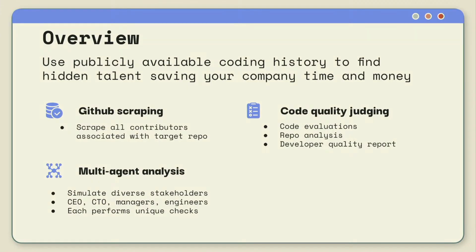So here's how it works. Step 1, we scrape their GitHub repos to get the commits, the repositories. Step 2, we have multiple agents that evaluate the code from a business perspective, for example, the CEOs, an architectural perspective, for example, CTOs, engineers who look at the READMEs, the PR descriptions, the issues, the code reviews, and so forth.